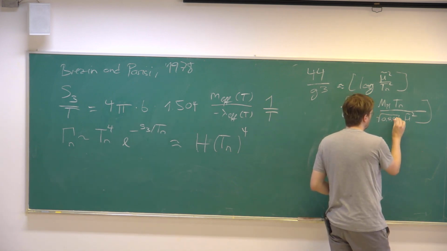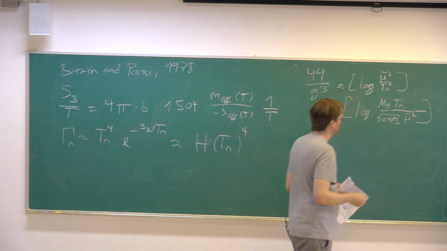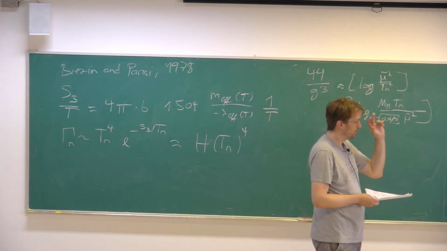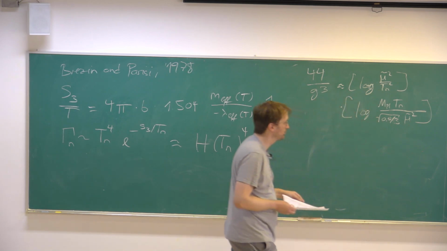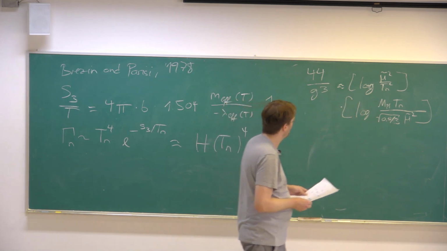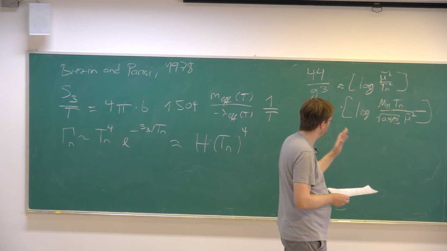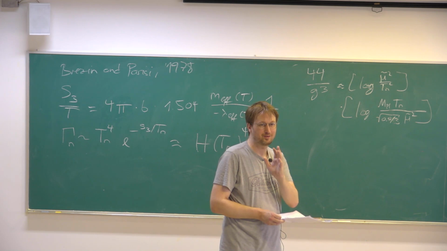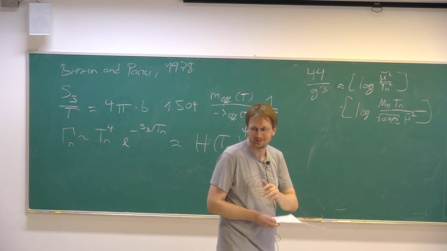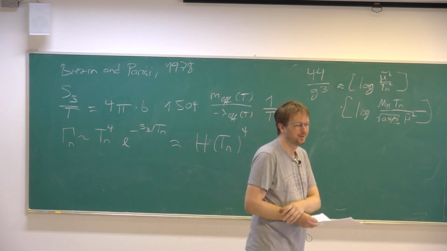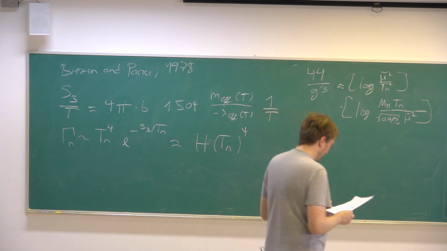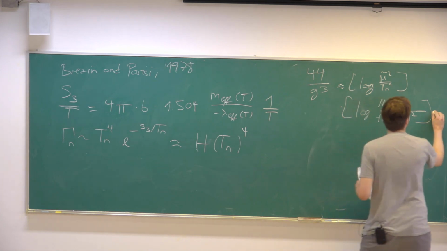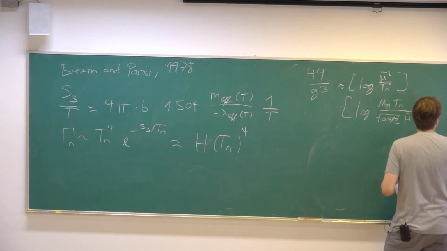By the way, I get slightly different results for the numerical prefactors than the paper I will show in a few moments. So either they made a mistake or I made a mistake. If someone watches this and wants to check it and finds who is wrong and who's right, please let me know. Drop me an email. Okay, so let's call this function f of Tn.